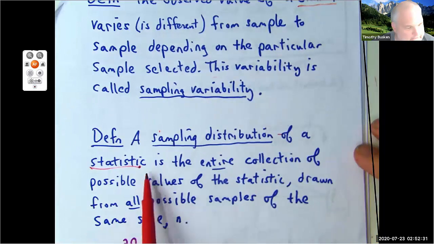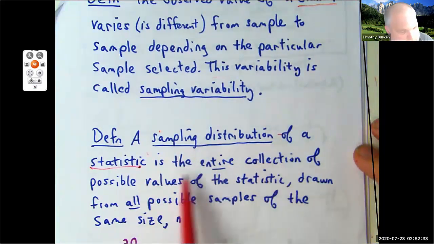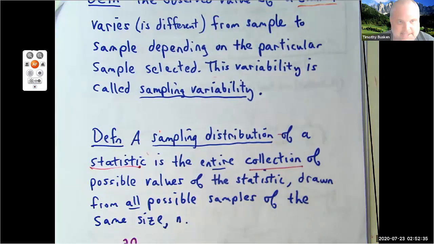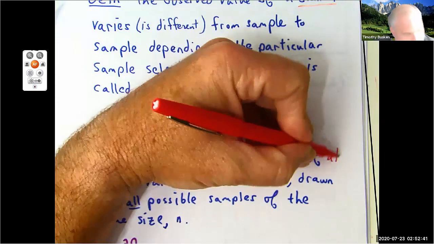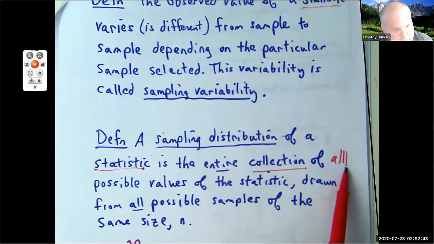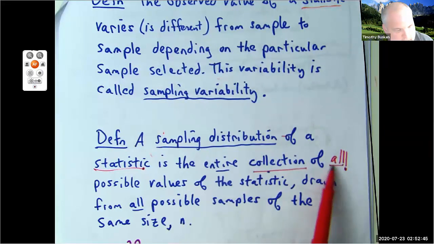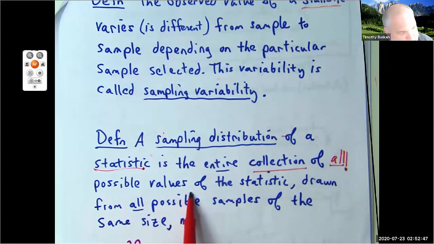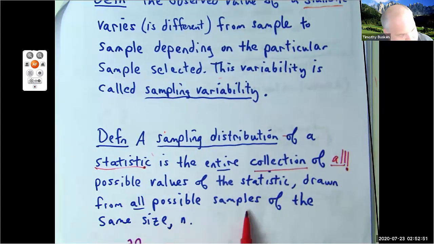It's just a collection or a list of all possible values of the statistic drawn from all possible samples of the same size n.